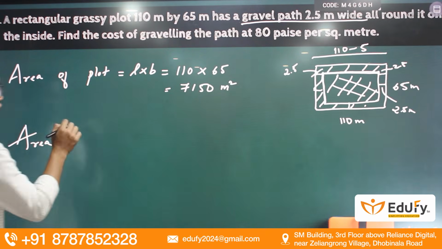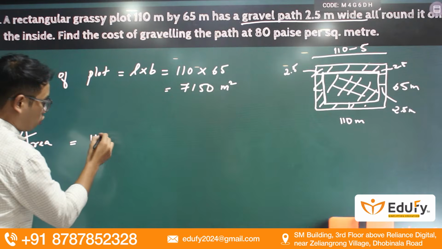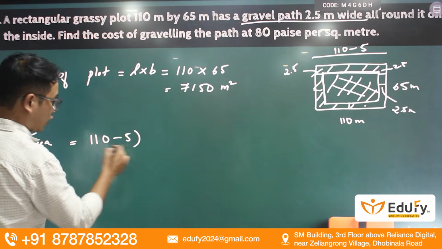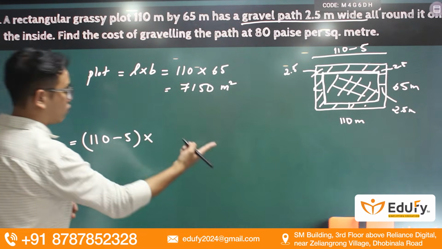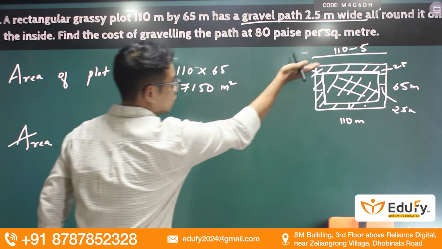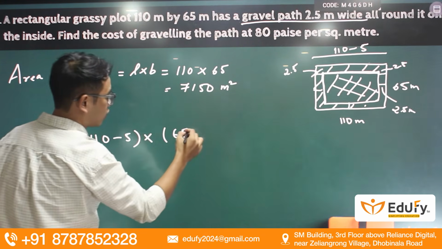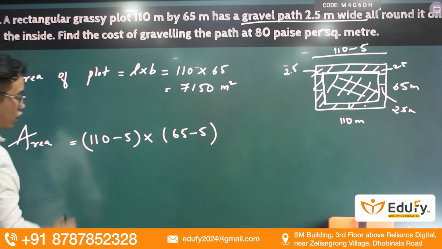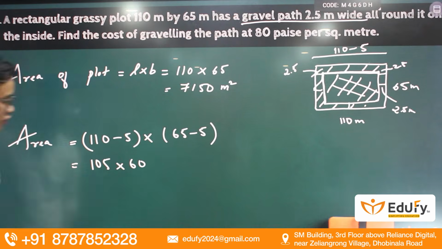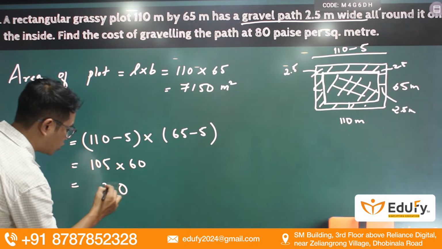So the length is 110 minus 5, and for the breadth, 65 was for the bigger one, but since I'm reducing 2.5 and 2.5, I have to subtract 5 as well. That gives me 105 multiplied by 60, which is 6300.